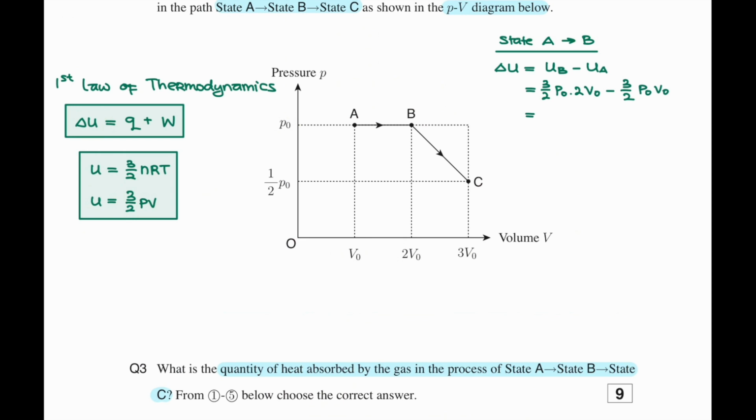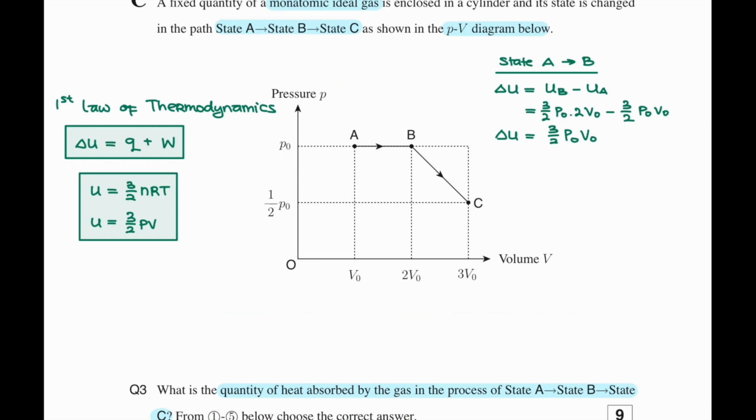If you calculate this, you will get 3 over 2 PO VO. This is the change in internal energy for state A to B. And then, if I want to calculate the work from state A to state B, you have to remember that work is the area below the PV diagram. So when I want to calculate the work, I need to calculate the area.